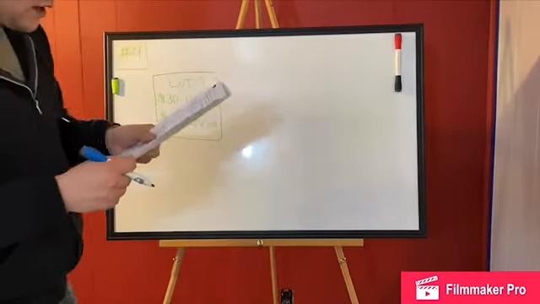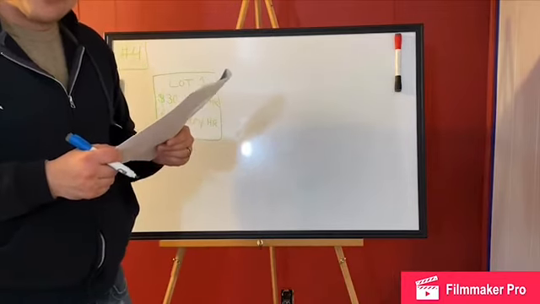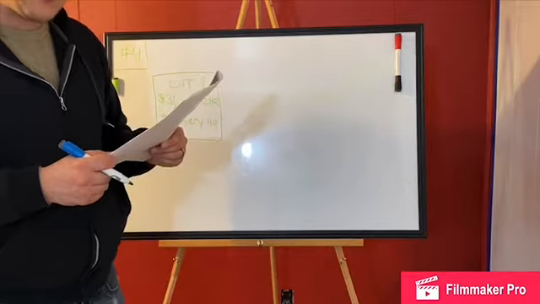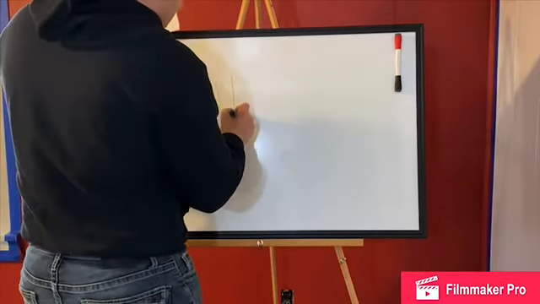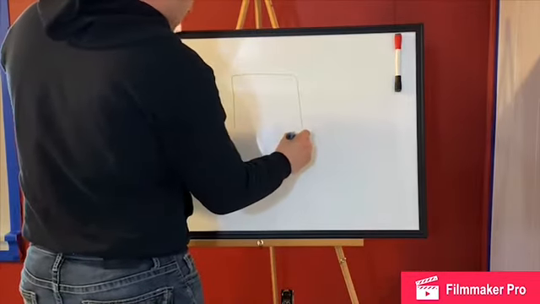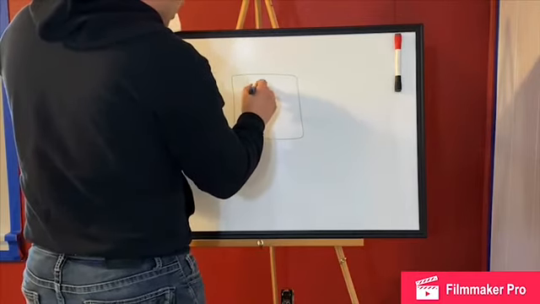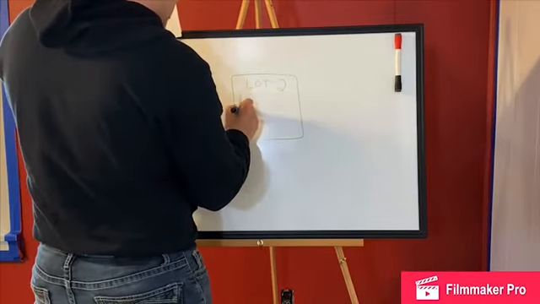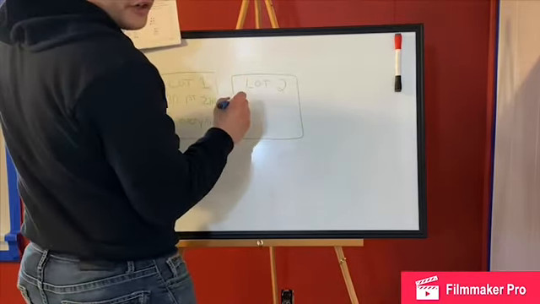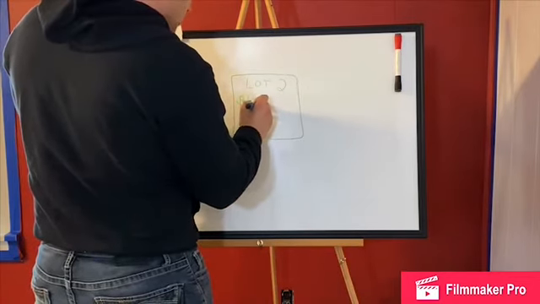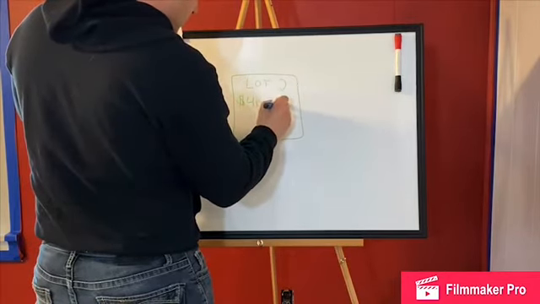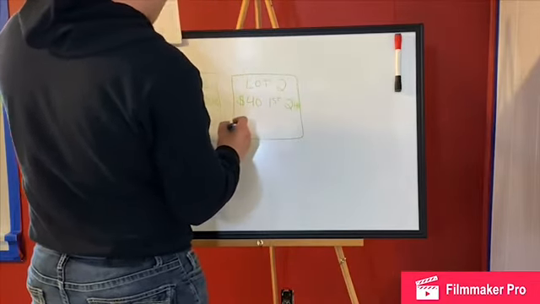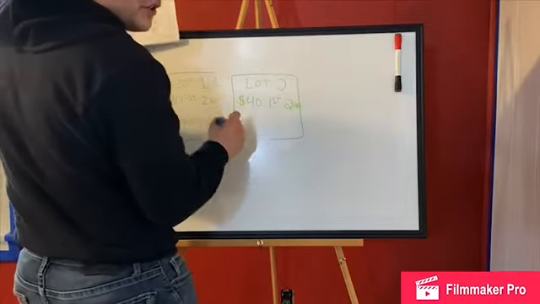Okay. Lot number 2 charges $40 for the first 2 hours and $5 for each additional hour. So we got our other box for lot number 2. Okay. And it says it charges $40 for the first 2 hours and then $5 for each additional hour.